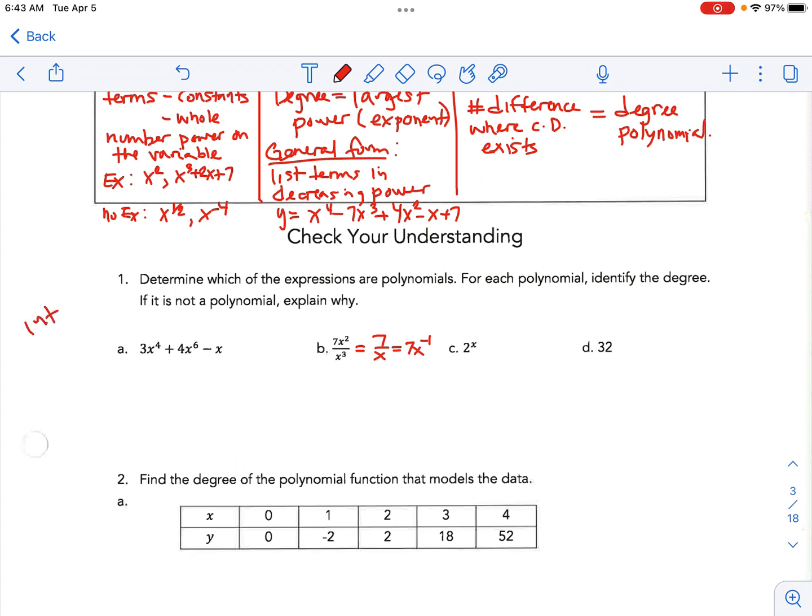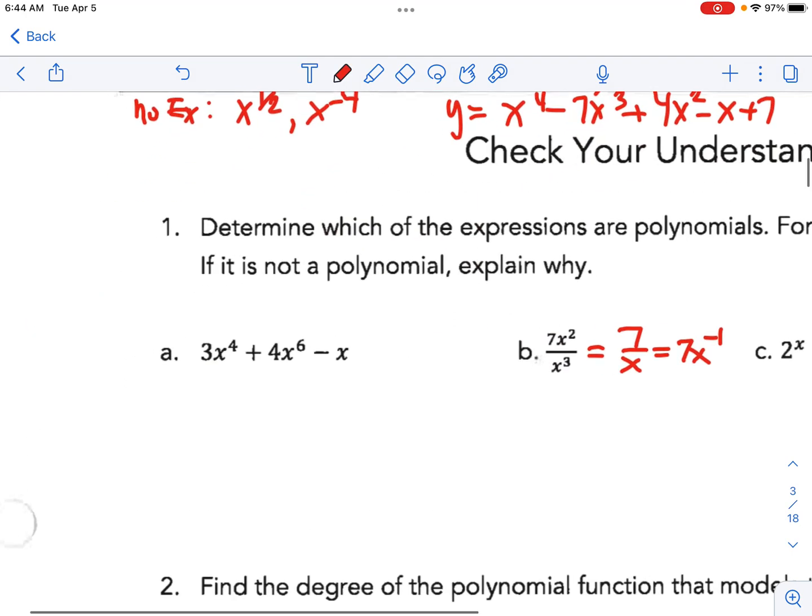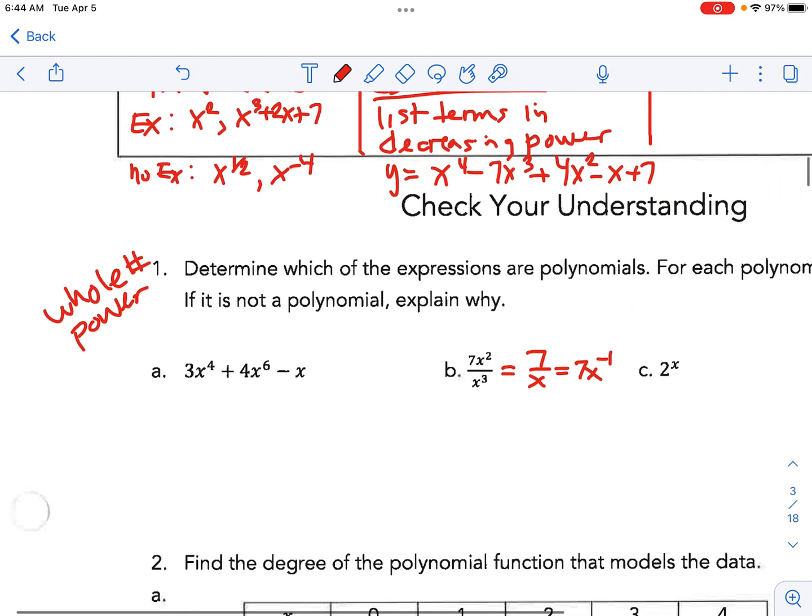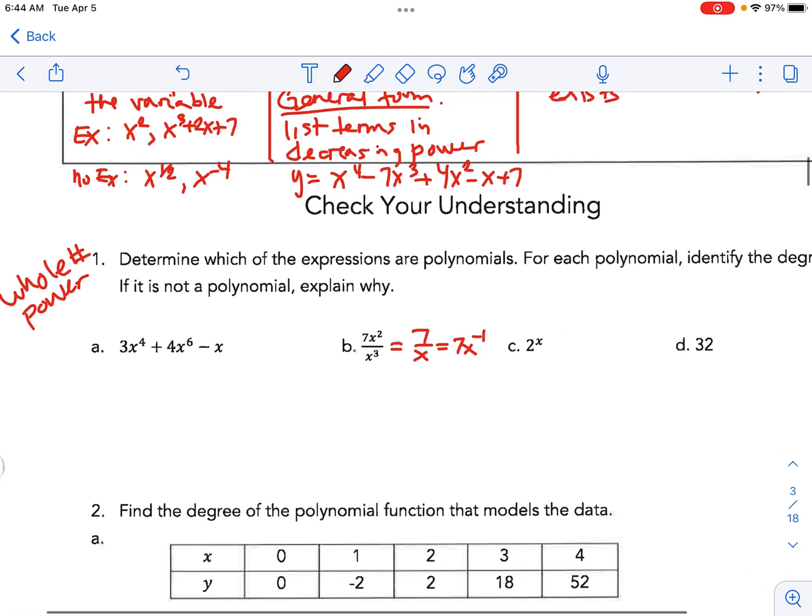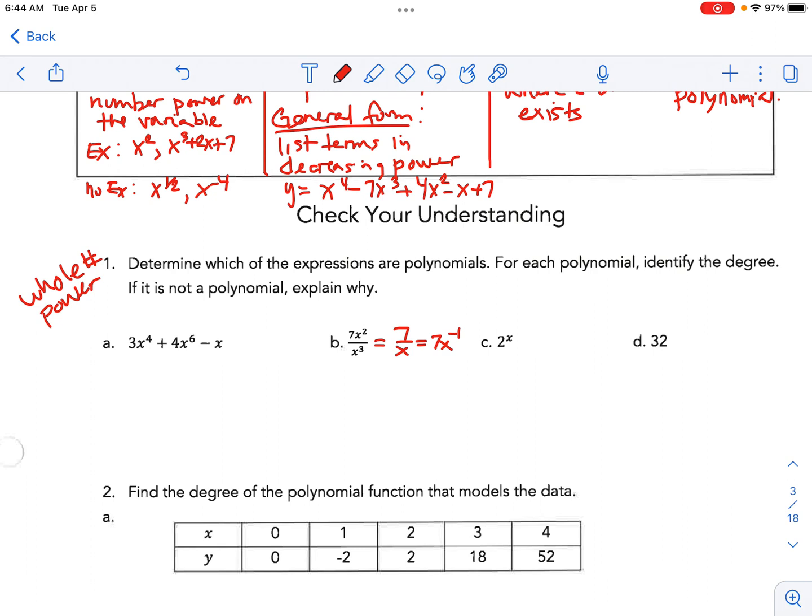So we have to look at the powers, make sure they're whole number powers. The whole number powers are 0 and all the positive numbers.